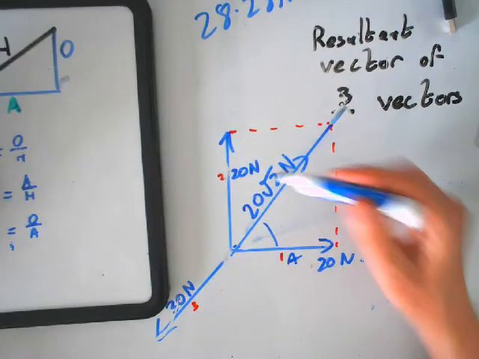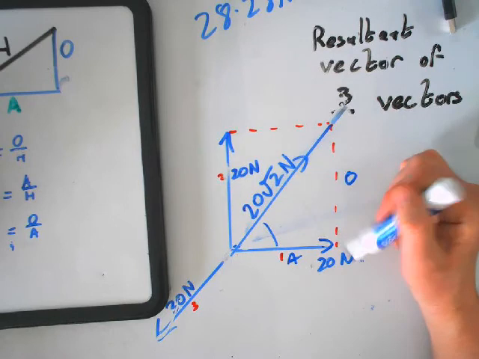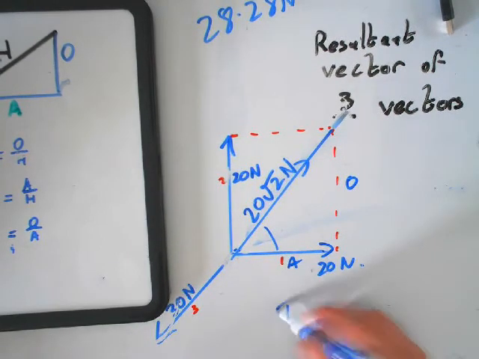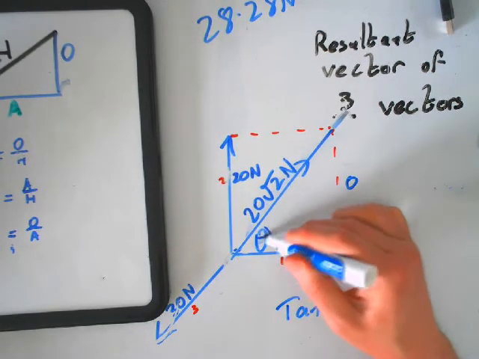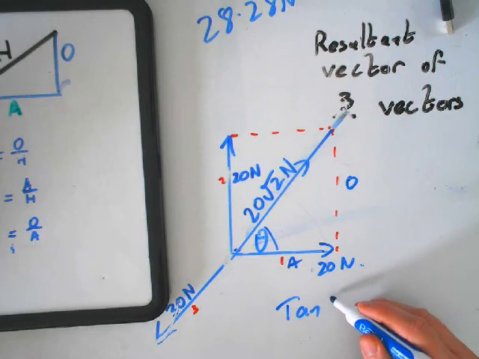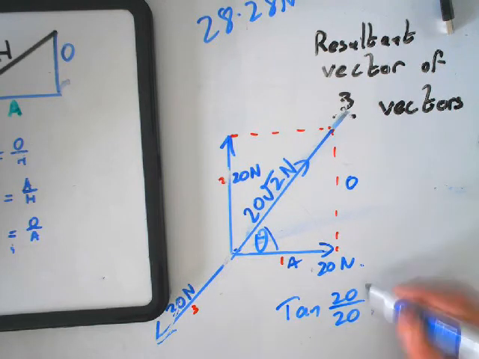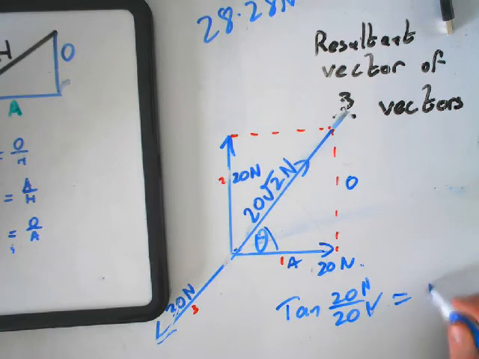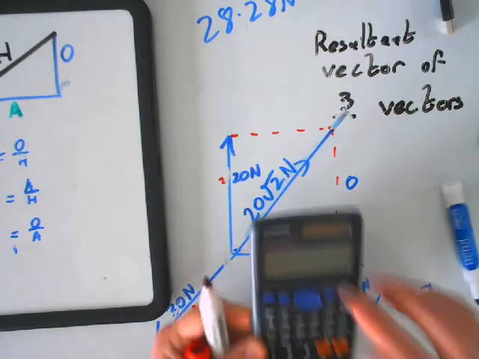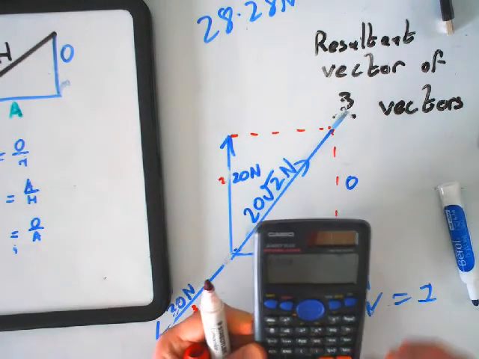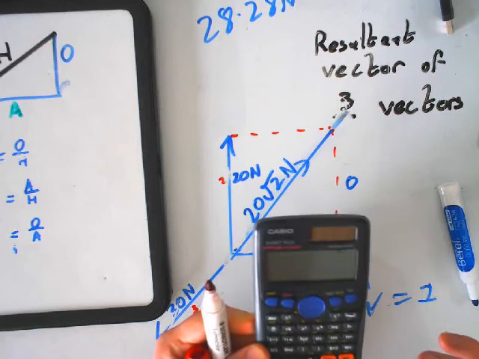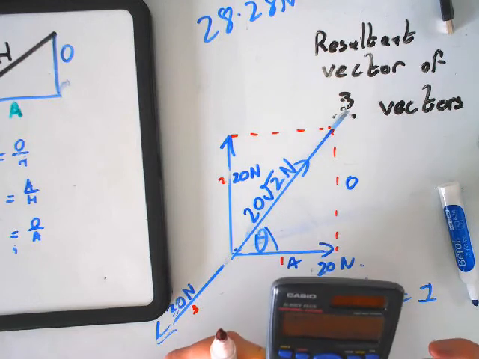I think tan is going to be our friend here. So tan of this angle is opposite over adjacent, which is 20 over 20, newtons over newtons, which is just tan of 1. So let's see what the inverse tan of 1 is.